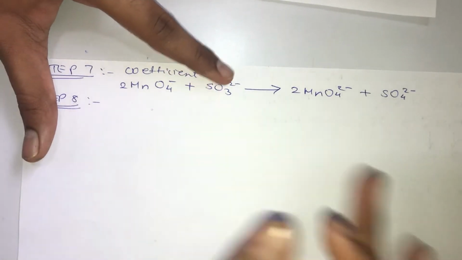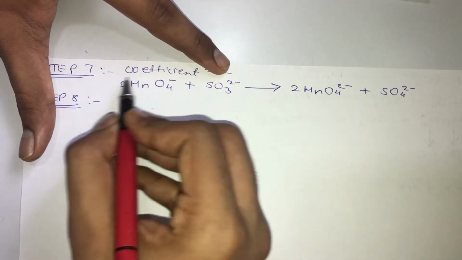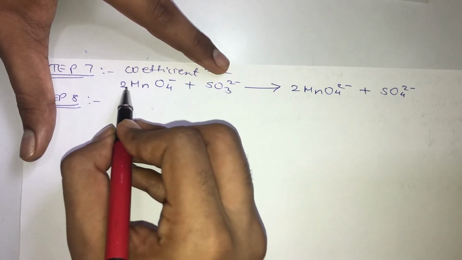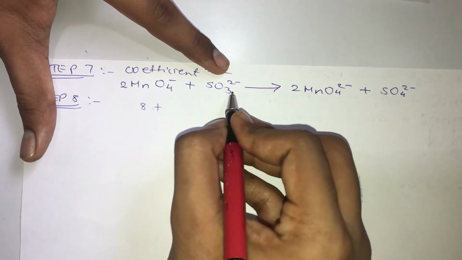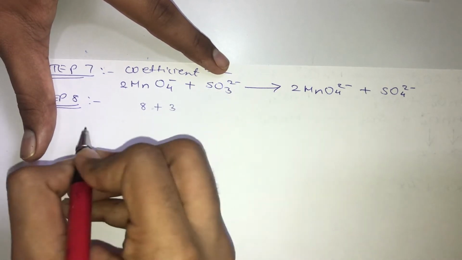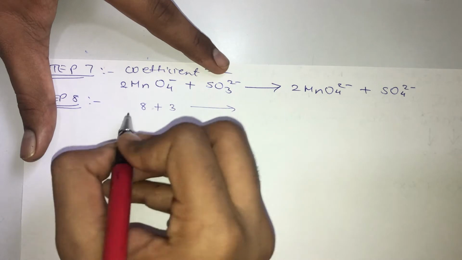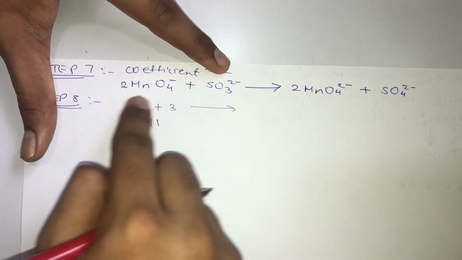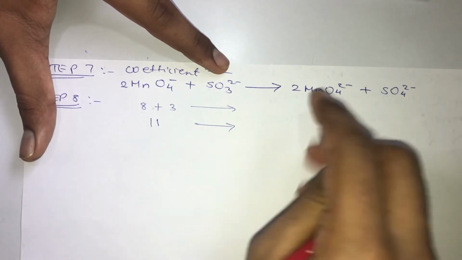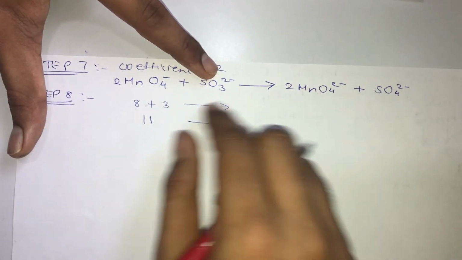Let's understand. See, how many oxygen atoms are there on the left hand side? 2 times 4, 8 plus 3 oxygen atoms. So can I say that there are 11 oxygen atoms on the left hand side? Similarly, on the right hand side, how many oxygen atoms are there?